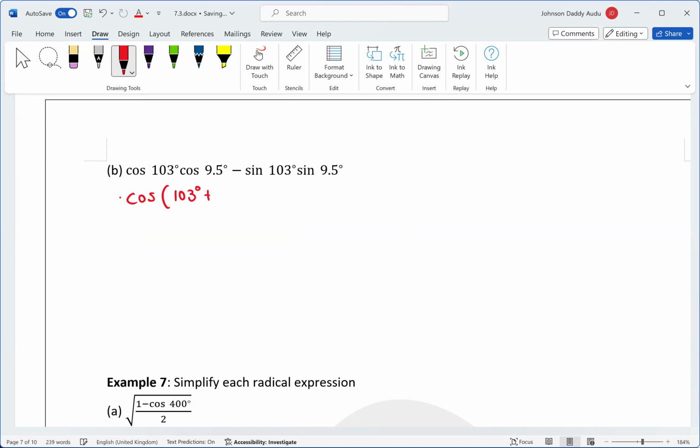Because this is minus, so this is going to be plus 9.5. Yes, if you expand this, you will get exactly the same here. So this is just nothing but cosine of what? 112.5, correct?